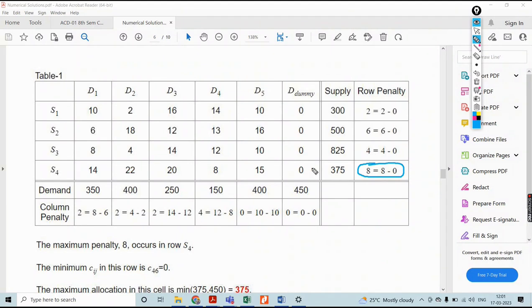How much is it? 375. Which is the least cost here? 8 is the least cost. Corresponding to that you can make the allocation. Then with respect to that, you can make your evaluation. This is one of the methods to be used.